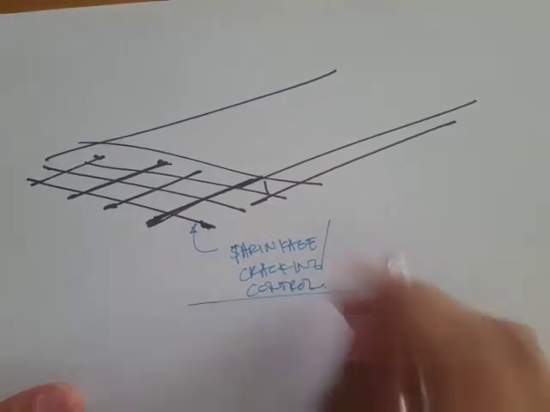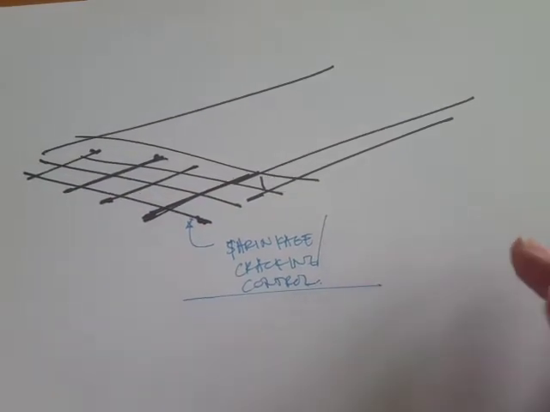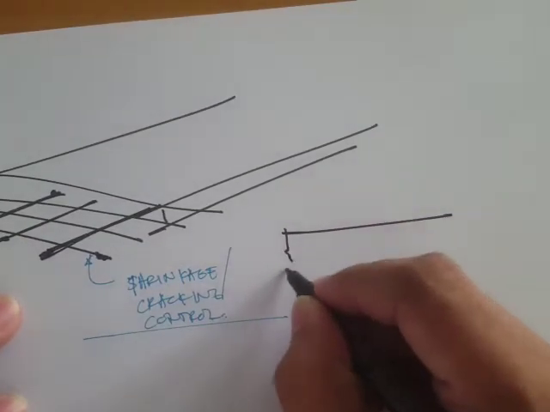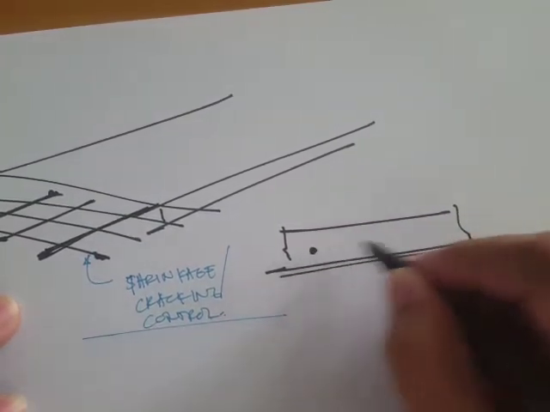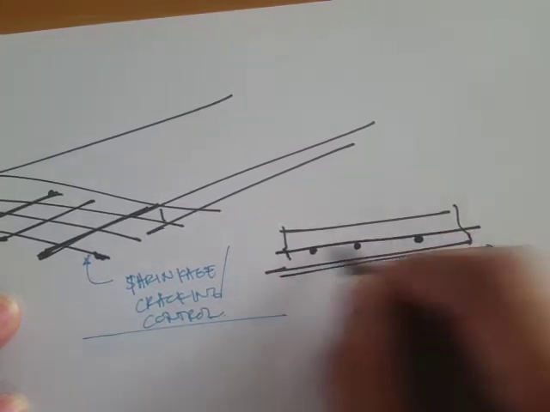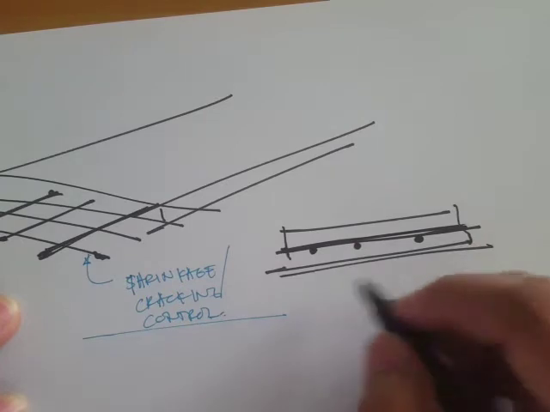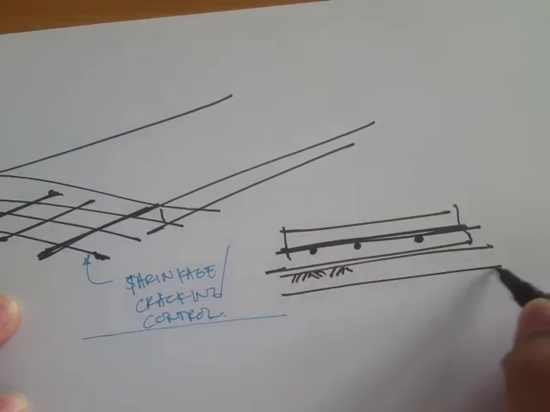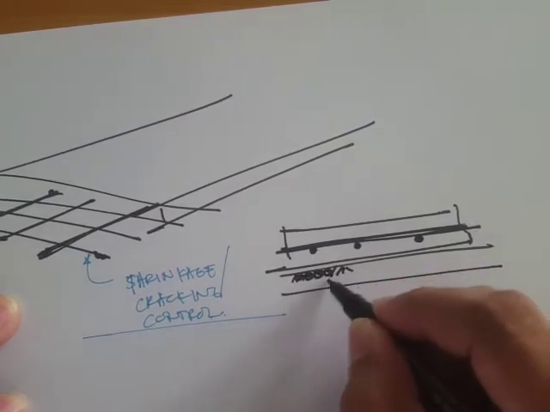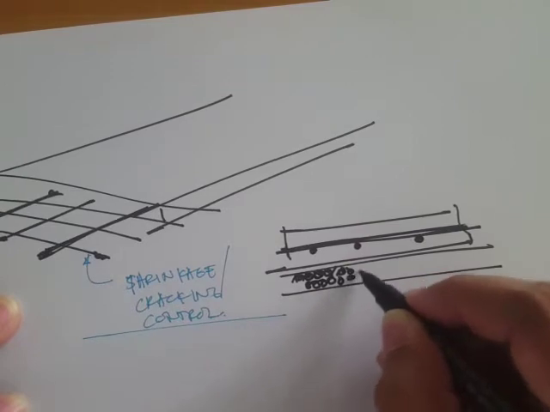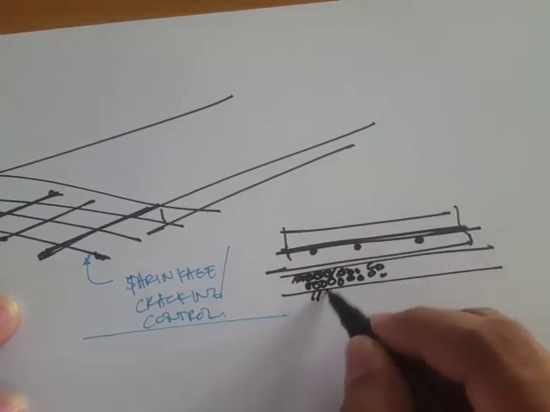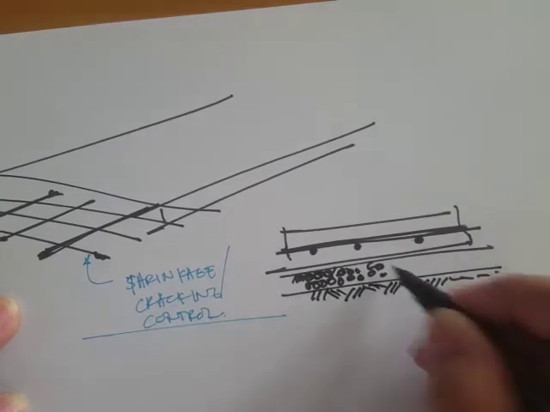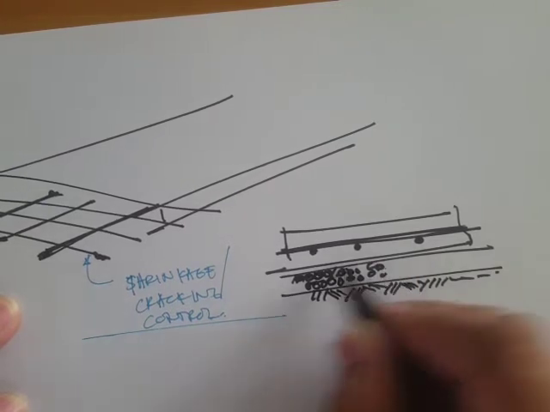It's required to have these bars so that they can prevent some cracking issues. If you look at the section, we have bars like this, and another bar in this direction. Sometimes in the drawings you would see compacted gravels here, then we have this earth fill.